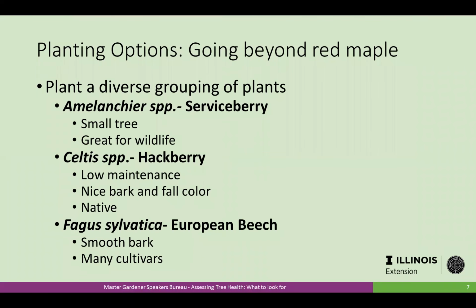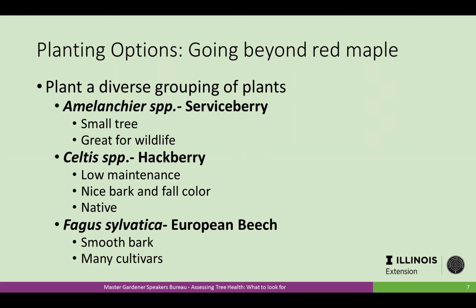So we're going to address the planting options that we have to plant something beyond the red maple. Red maple is very popular in this area. It's a hard maple, and there's nothing in the world wrong with it.